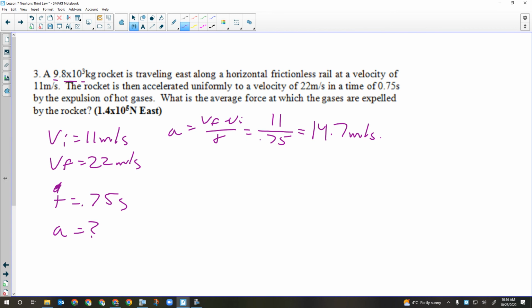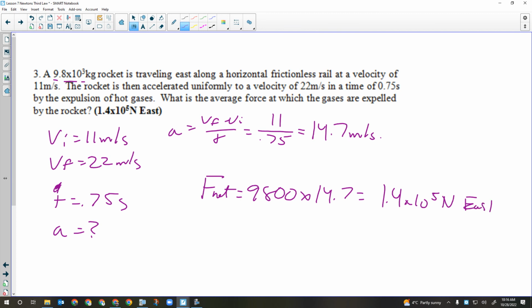So we take our 9,800 kilograms times 14.7, and we'll get 1.4 times 10 to the 5 newtons east. Wouldn't it be less because the rocket is going east?